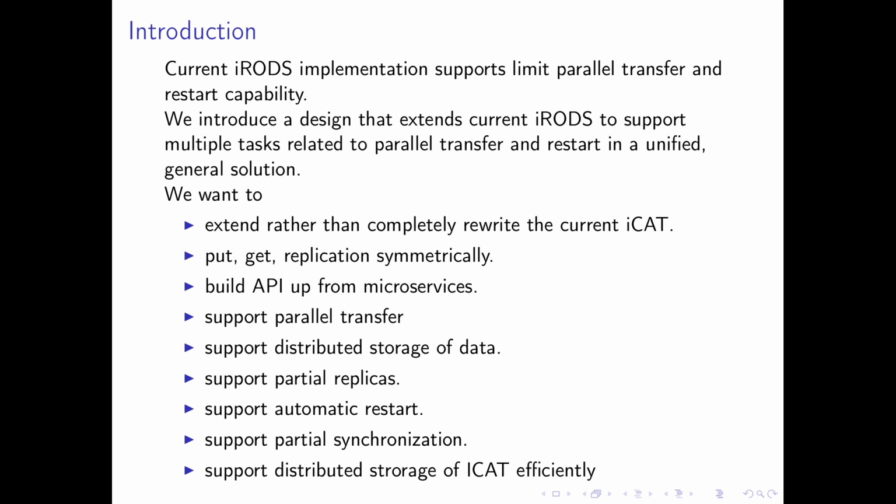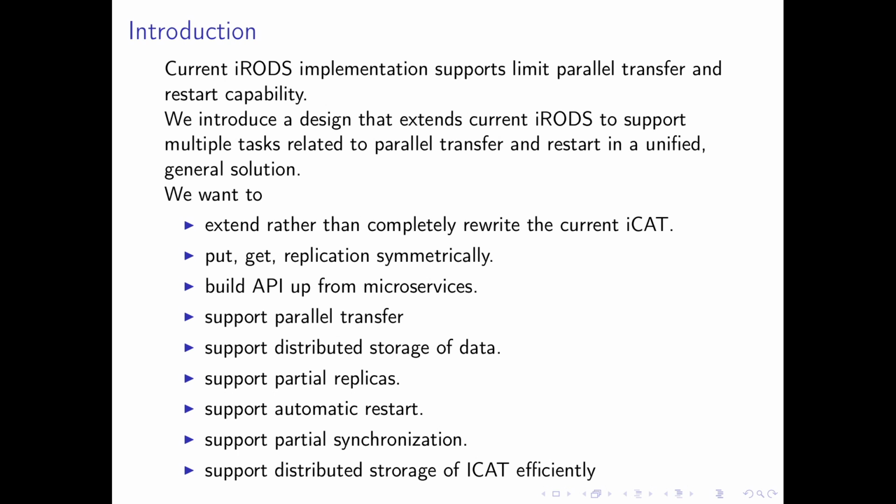We also want to build APIs on top of small services instead of having large monolithic APIs. And we want to support parallel transfer, distributed transfer, parallel replication, all of which are parallel and restartable. That's also a consequence of having that symmetry: if you make one thing parallel and restartable, the other two operations become parallel and restartable as well.